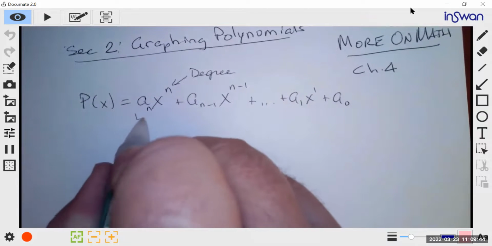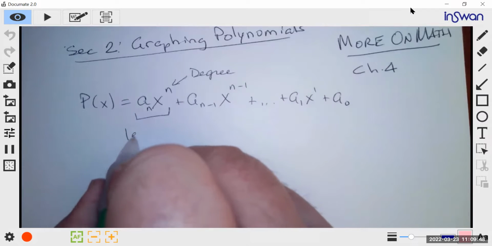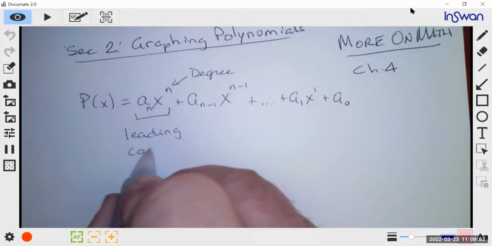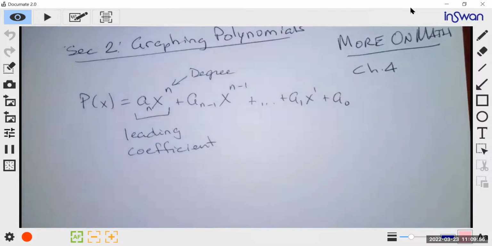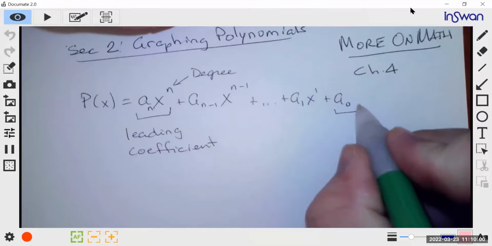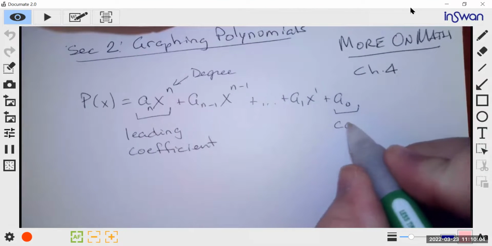The part of the polynomial that has the highest exponent is called the leading coefficient. The last term that doesn't have an x, it's the constant.